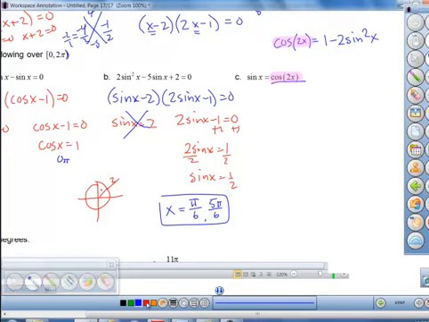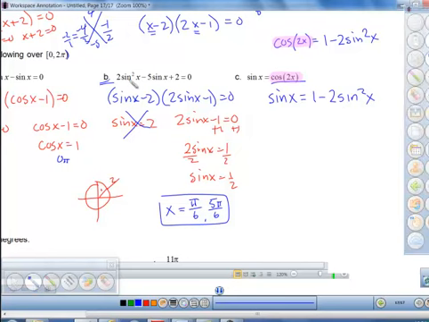So watch, I'm going to go ahead and write that down. Sine x, that's that, is equal to 1 minus 2 sine squared x, okay? So I see that it's got a square, so that's going to be a quadratic. So I'm going to move everything over to one side, and then I'm going to solve it like a quadratic, just like part B. Okay?